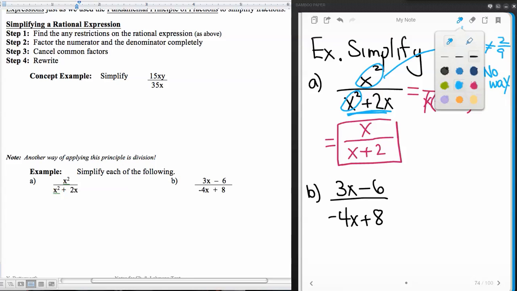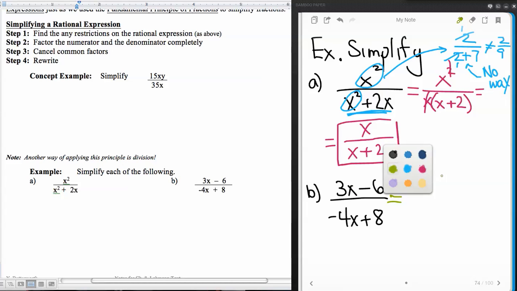All right, now moving on to our next problem, we want to take a look at the numerator, take a look at the denominator, and simplify by factoring. So numerator, we have a 3 in common, so I'm going to write in 3 as a GCF, and then take 3 out, I'm left with x, minus take 3 out, I'm left with 2. Now in the denominator, my leading coefficient's negative.